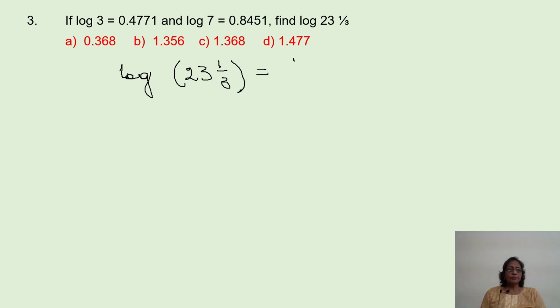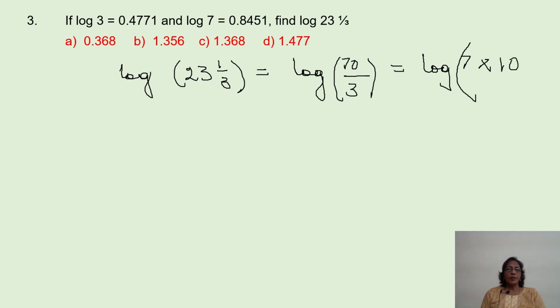The first step we do is convert this to 70 upon 3, which I can put as log of 7 into 10, the whole thing upon 3.